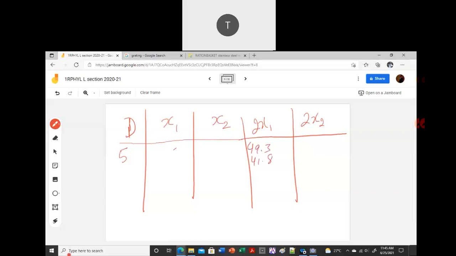The second one, one is at 54.5, and the other one is very faint, 41.5. So these will be your different values.